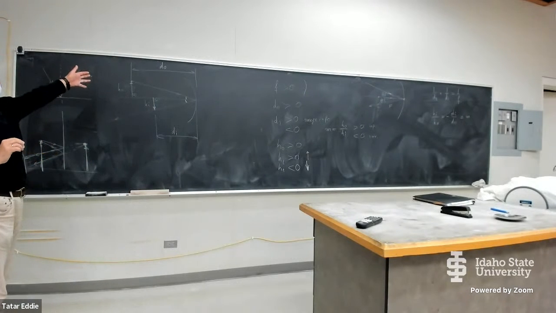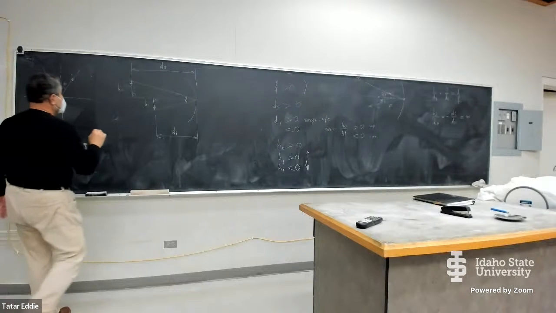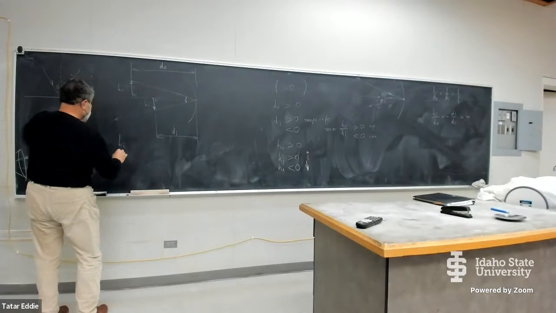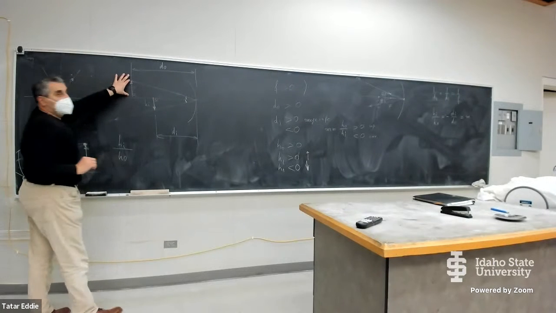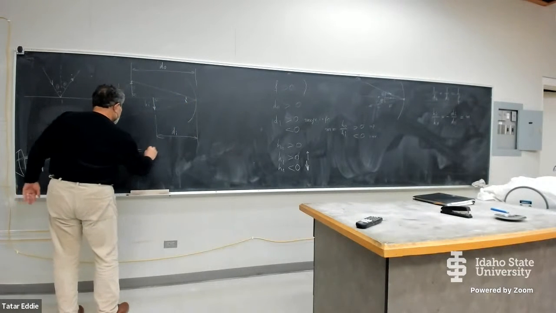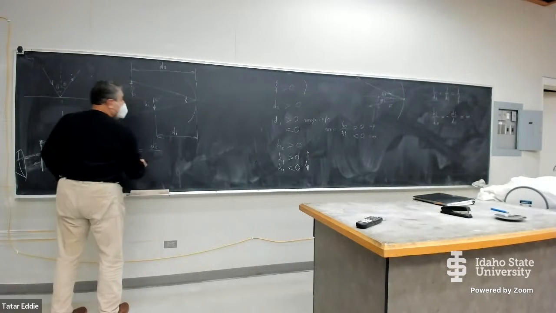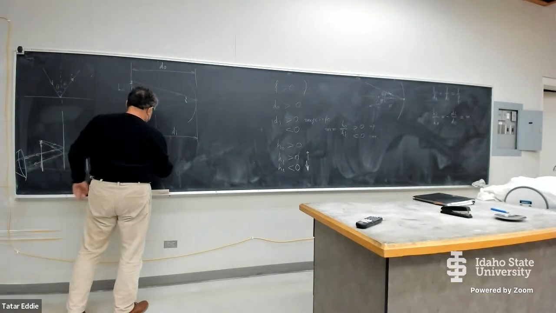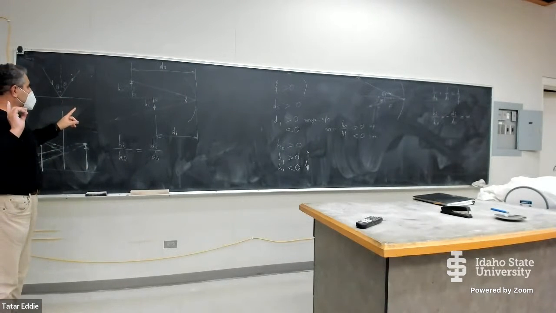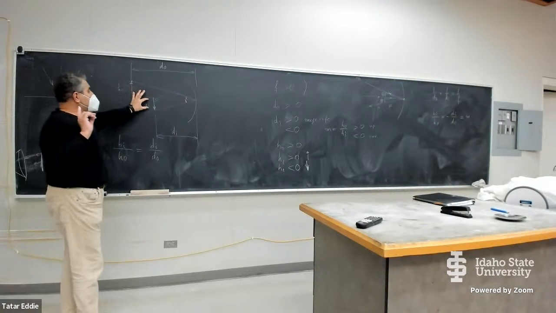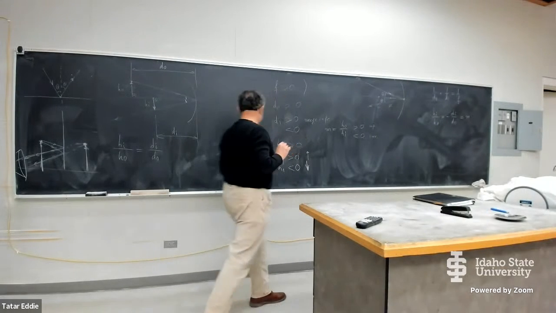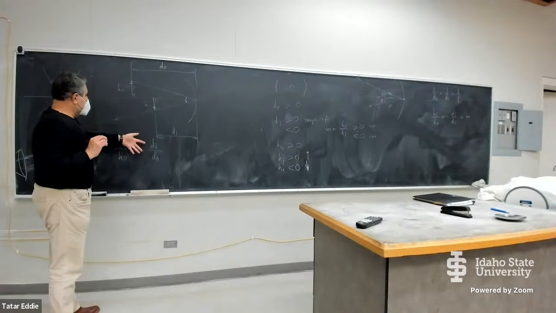So the fact that the two triangles are similar means that HI from the small triangle divided by HO of the large triangle should be the same as DI divided by DO of the large triangle. But remember the convention. For an inverted image, HI is a negative number. Distances here are positive.